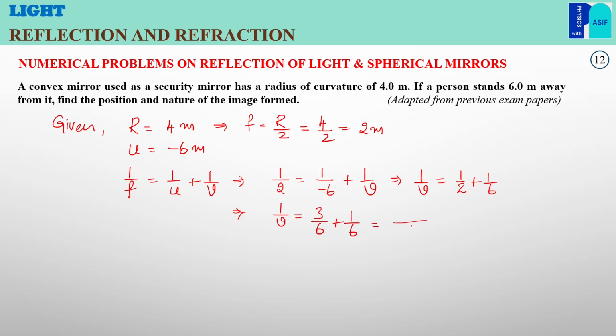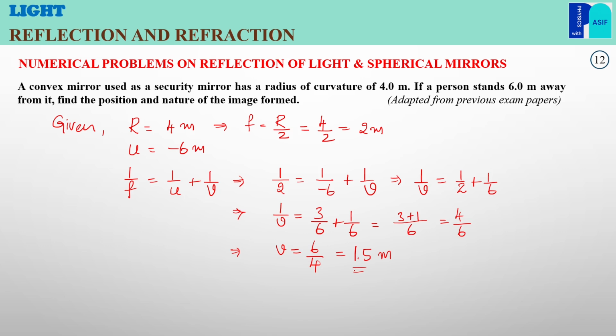Now the LCM will be 6, therefore 3 plus 1 in the numerator, that gives 4 by 6. We take the reciprocal here to get the value of v, that is v is equal to 6 by 4, which is 1.5 meters. Therefore, the image is formed at a distance of 1.5 meters. The image distance is v is equal to plus 1.5 meters.